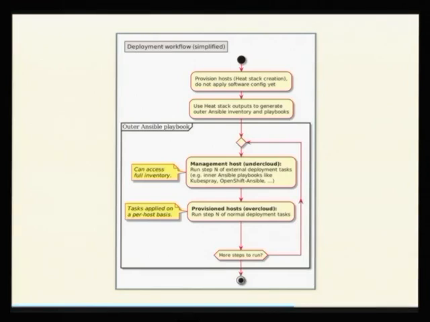Actually, Flavio Percoco had a talk yesterday about how to deploy OpenStack in Kubernetes, and this is tightly connected to this. So that's the next step that we would do after having Kubernetes installed. This whole workflow runs in Mistral, which is an OpenStack native workflow tool.